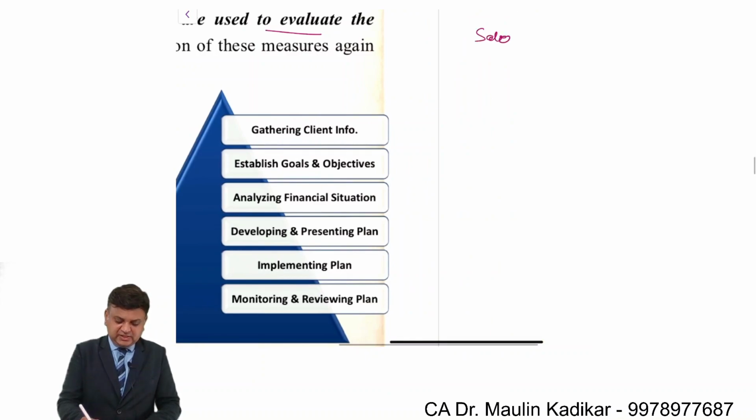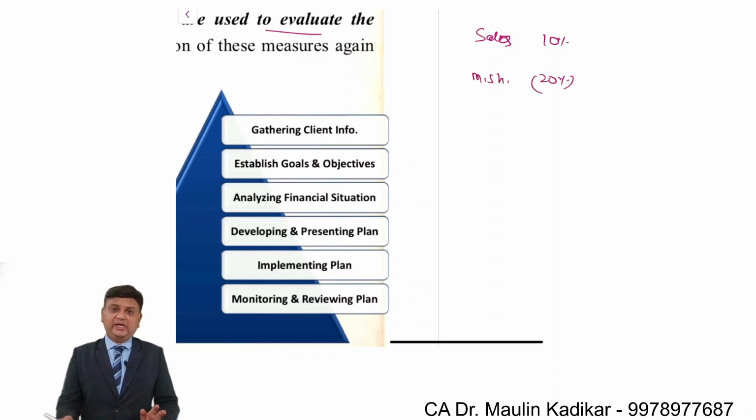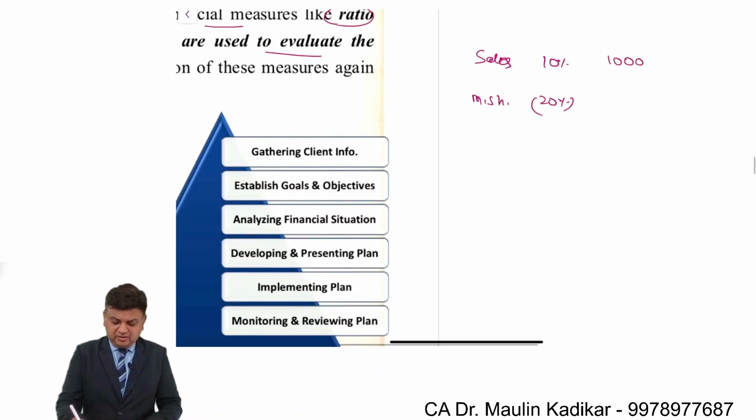If your sales increase by 10 percent, however your market share reduces by 20 percent, then in that case it is not a good sign. Say your sales increase from 1 lakh to 1 lakh 10,000. So there is an increase.